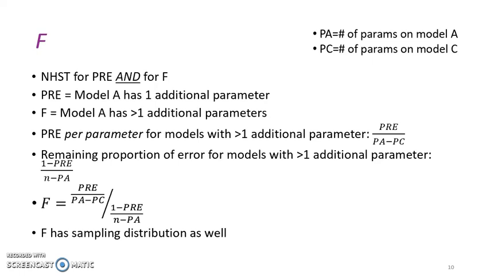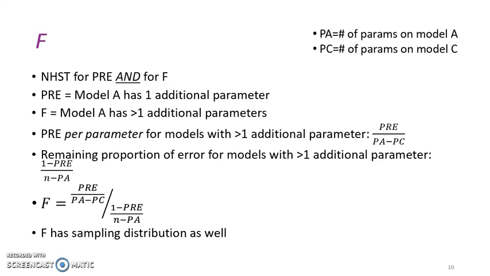We actually do this based on values of PRE, and we need PRE to understand what F is. If we want to calculate proportional reduction in error for models with more than one additional parameter, then what we're really interested in is the proportional reduction in error per parameter in that model. We want to know the exact contribution of each parameter in how it reduces error. For example, one parameter might reduce error a lot more than another parameter, and we want to know what the individual contributions are.